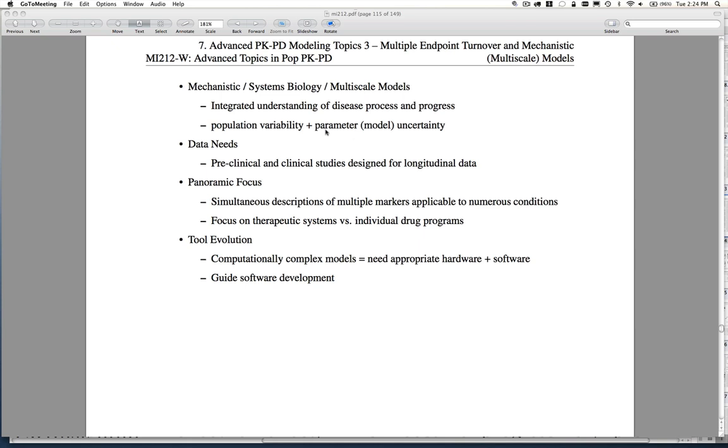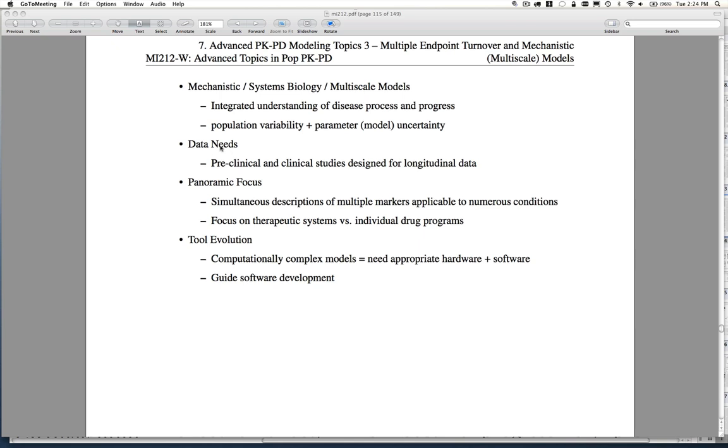There are certainly research efforts looking into these pieces. We're developing some examples within WinBUGS so that we can understand both sets of variance, the population variability, residual variability, and the impact of parameter uncertainty. It's something to keep in mind as you're developing these models.